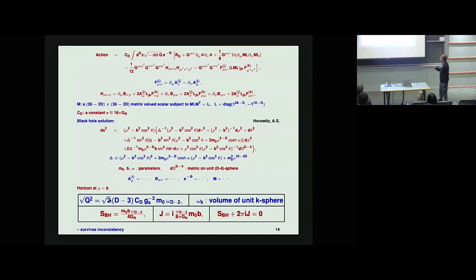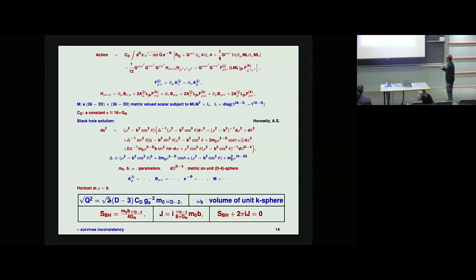It's not perhaps important what these various things are. Basically, the fields are the metric, then the dilaton phi, a matrix valued scalar field which captures the internal moduli of the torus, and then the field strength that comes from the curl of the two form.